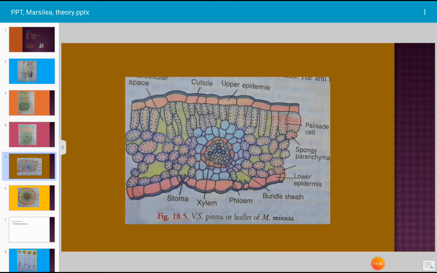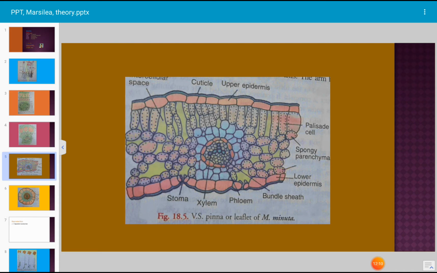In case of floating leaves, the stomata are confined to the upper surface, but in case of plants growing on the mud or muddy soil, the leaves are aerial and the stomata are found on both surfaces, upper and lower surface. Stomata are present in both the epidermal layers of the land plant.